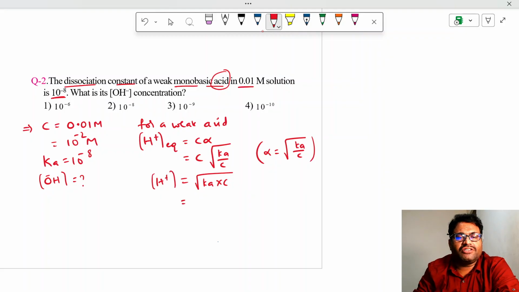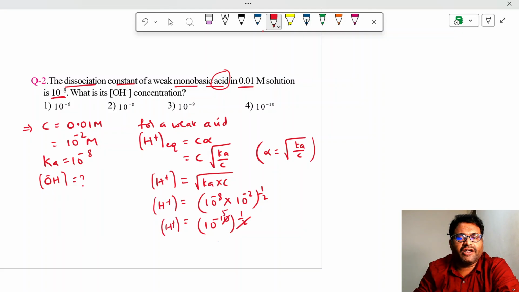So H plus ion concentration is equal to Ka, which is given as 10 power minus 8, into C, which is given as 10 power minus 2, whole power 1 by 2. Which is equal to 10 power minus 10 whole power 1 by 2. So we get 10 power minus 5 molar.